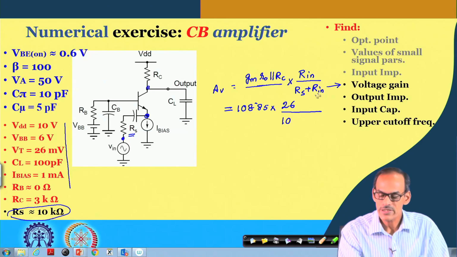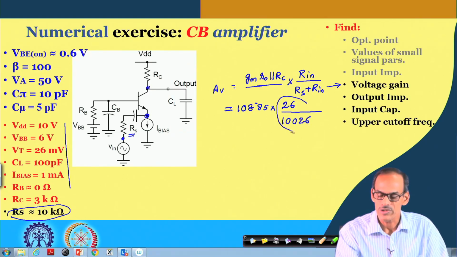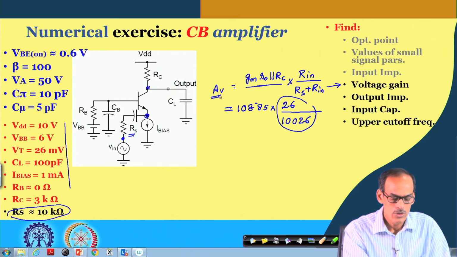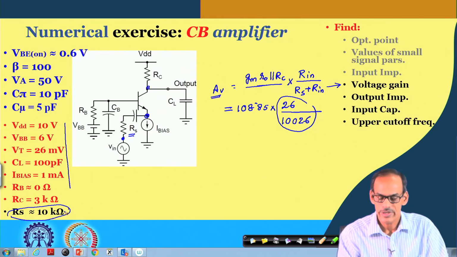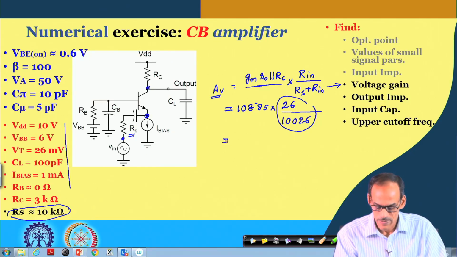So, R s plus R in is 10026. So, that gives a big attenuation. So, the overall gain now with R s equal to 10 k is quite small.